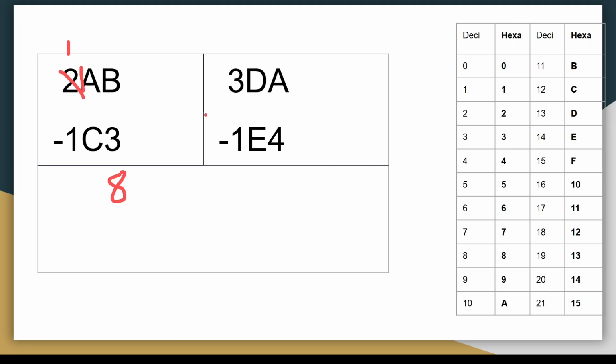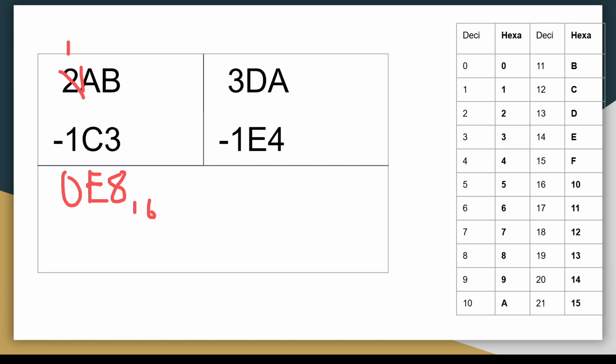So this is basically 26. And then c is equal to 12. So it's 26 minus 12, that's 14. 14 is equal to e. So write e here. Now 1 minus 1 is just 0. So 2ab hexadecimal minus 1c3 hexadecimal is e8 hexadecimal.